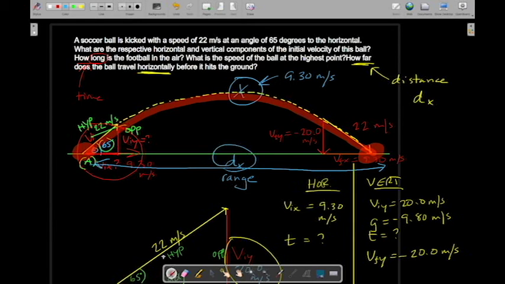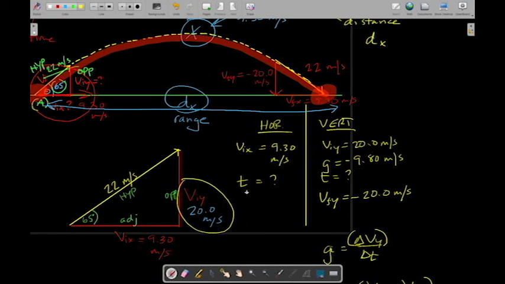Note that our dx is a horizontal component. We're going to write that here, d sub x. We just solved our time in the previous question, so our time was 4.08 seconds, if you recall.